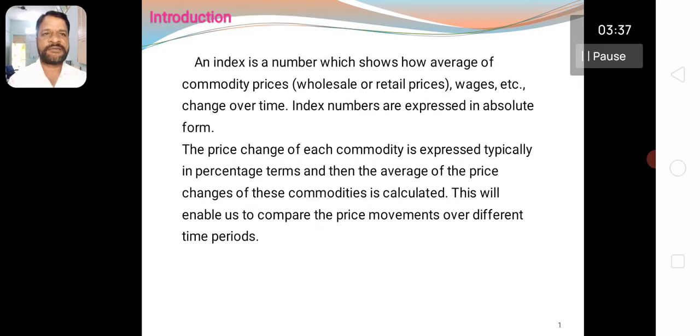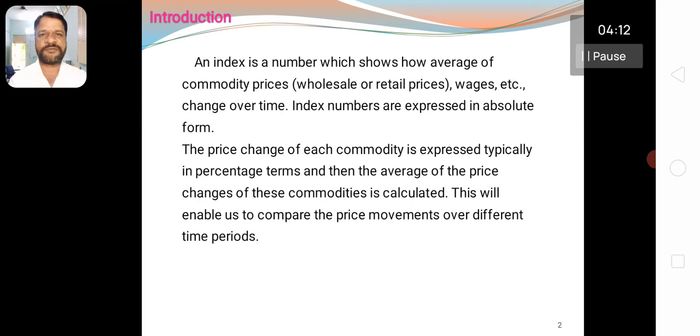Now in this we have to study in the introduction: an index number shows how average of commodity prices, the prices may be wholesale or retail prices, and the wages etc. change over time. Index numbers are expressed in absolute form. Over time means as compared to the different periods of time.